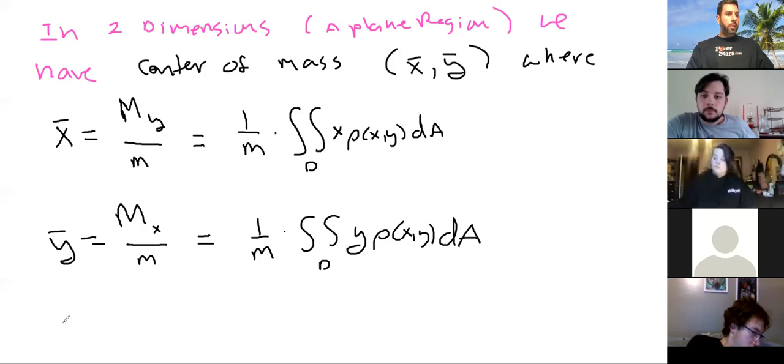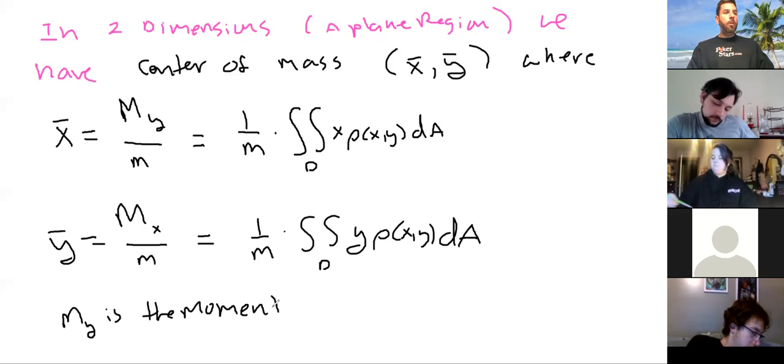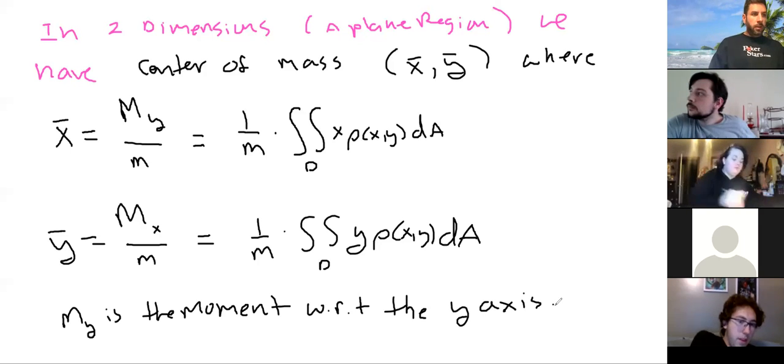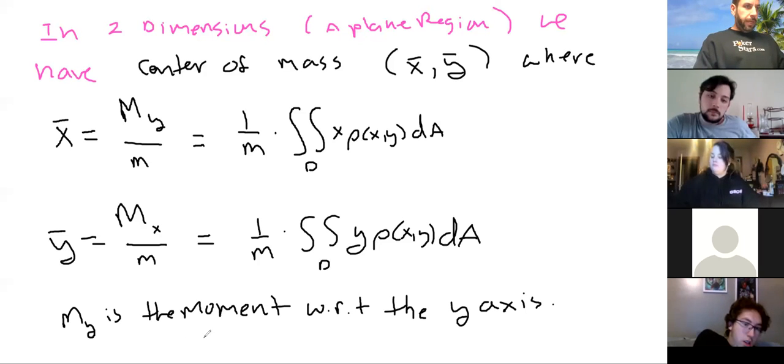So what is m sub y? M sub y is the moment with respect to the y-axis. And then, of course, m sub x is defined similarly.